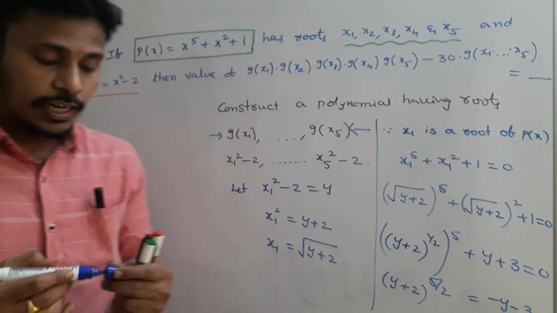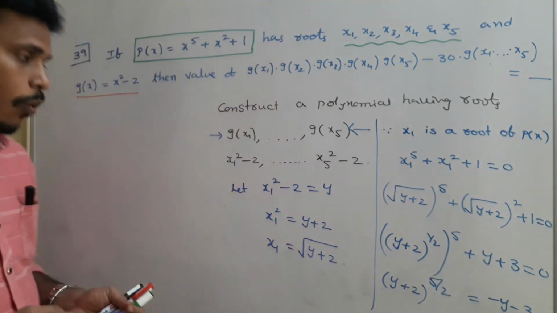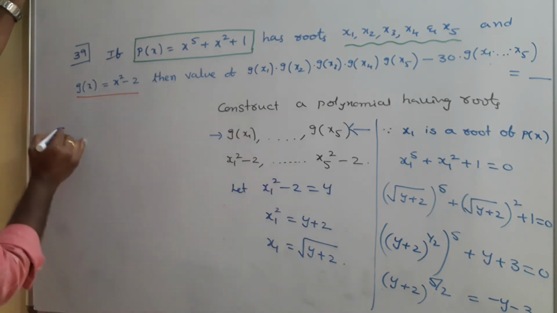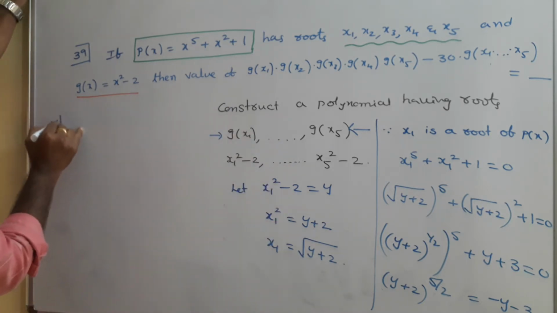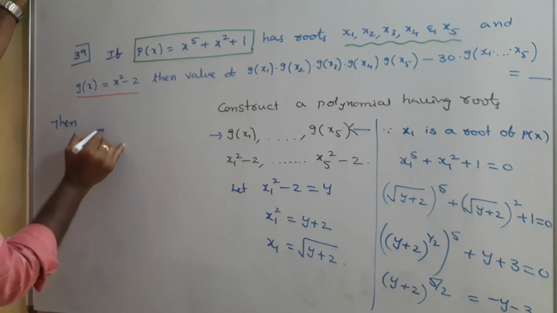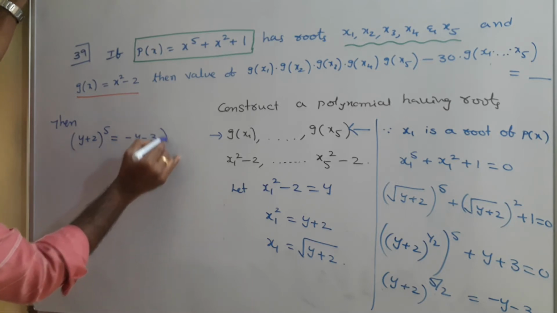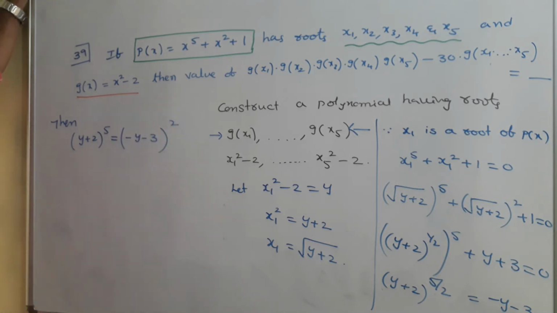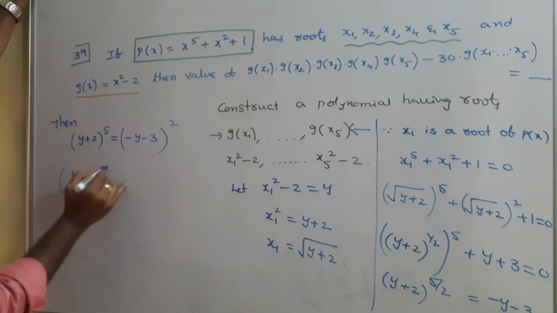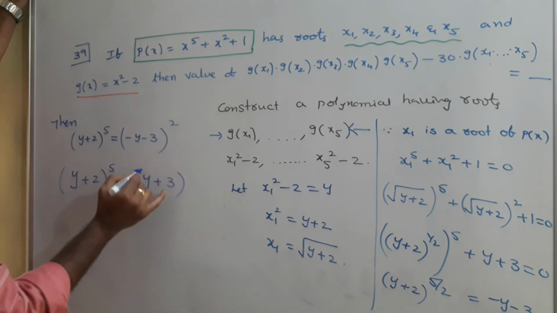I need an equation in terms of y, so send this 1 by 2 to the other side; it will become a square. Then y plus 2 to the power 5 is equal to minus y minus 3 whole square. That in the sense, y plus 2 to the power 5 is equal to y plus 3 whole square.